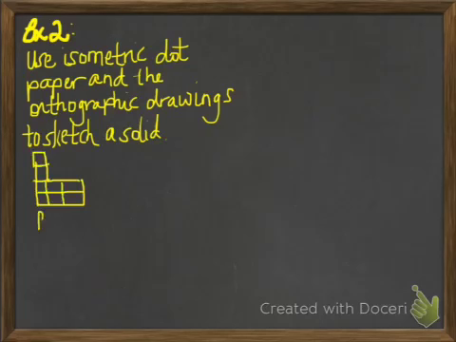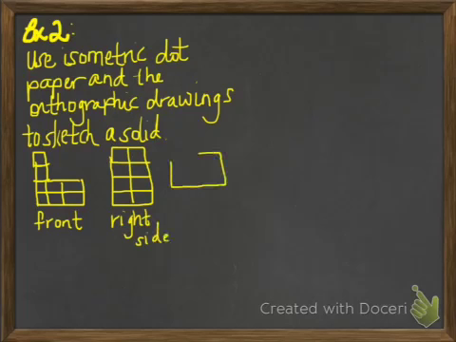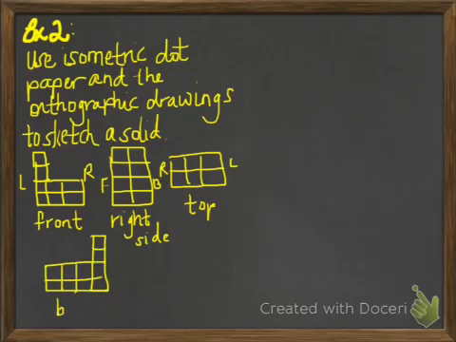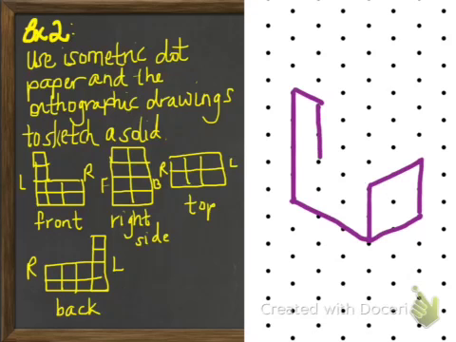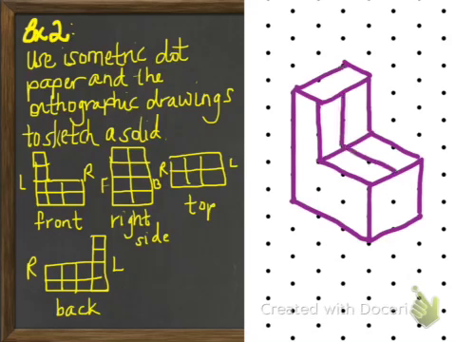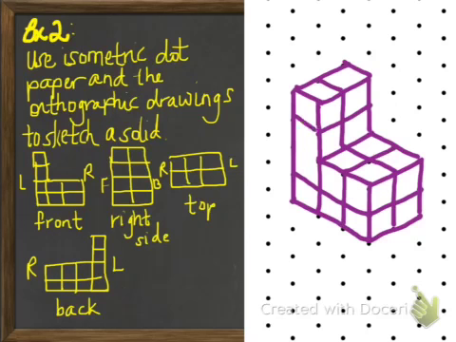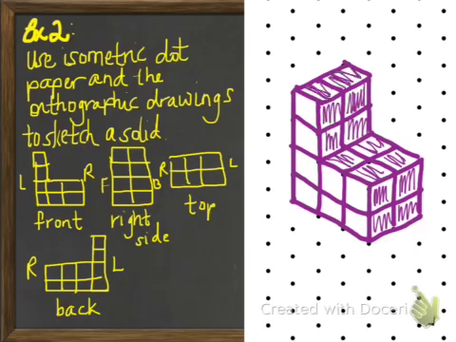So orthographic drawings are a front view, just the right side view, the top view of this building, and the back side of the building. And if you do it as an isometric drawing, this is what it will look like, with a little shading in there to help the three-dimensional effect.